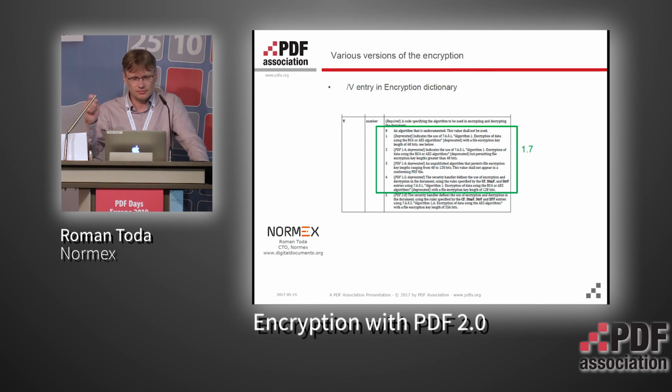We distinguish between them based on the V entry in the Encrypt dictionary. If V is, for example, 2, then it is an algorithm that uses RC4, and the key length might be greater than 40 bits.